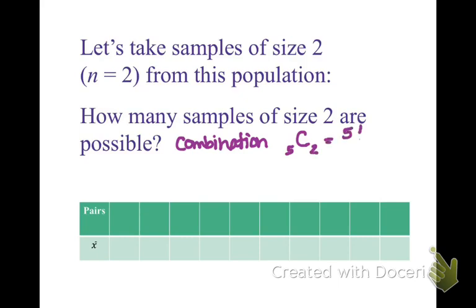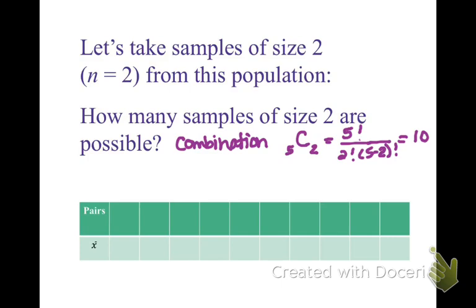So this is 5 factorial over 2 factorial times 5 minus 2, or 3 factorial. This comes out to a total of 10 possible samples of size 2 from the population. In other words, our population of all the possible samples of size 2 would contain 10 samples of size 2.